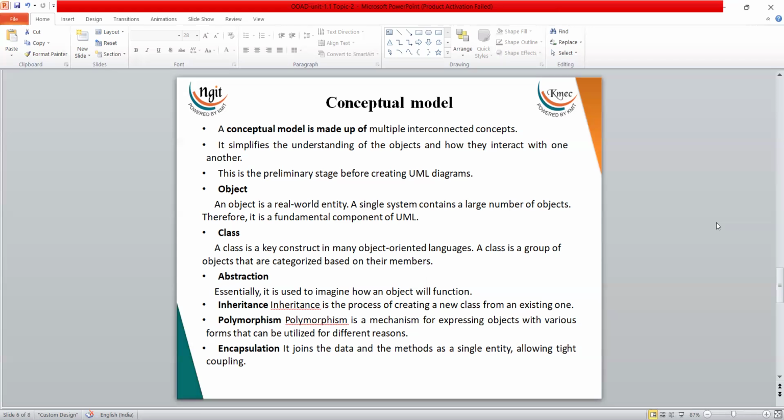Inheritance is a process of creating a new class from an existing one. Polymorphism. Polymorphism is a mechanism for expressing objects with various forms that can be utilized for different reasons. Encapsulation. It joins the data and the methods as a single entity, allowing tightly coupled.